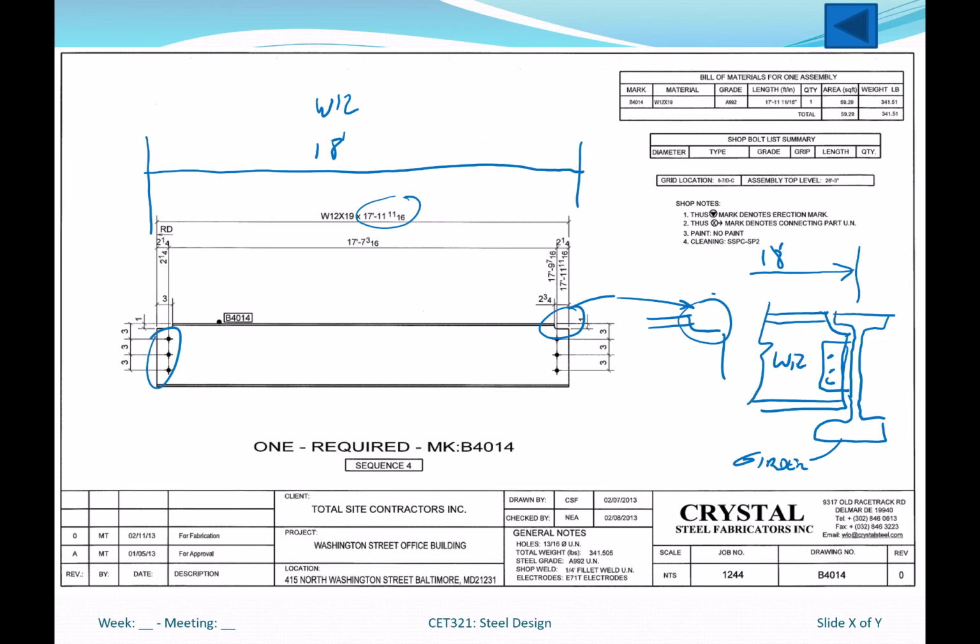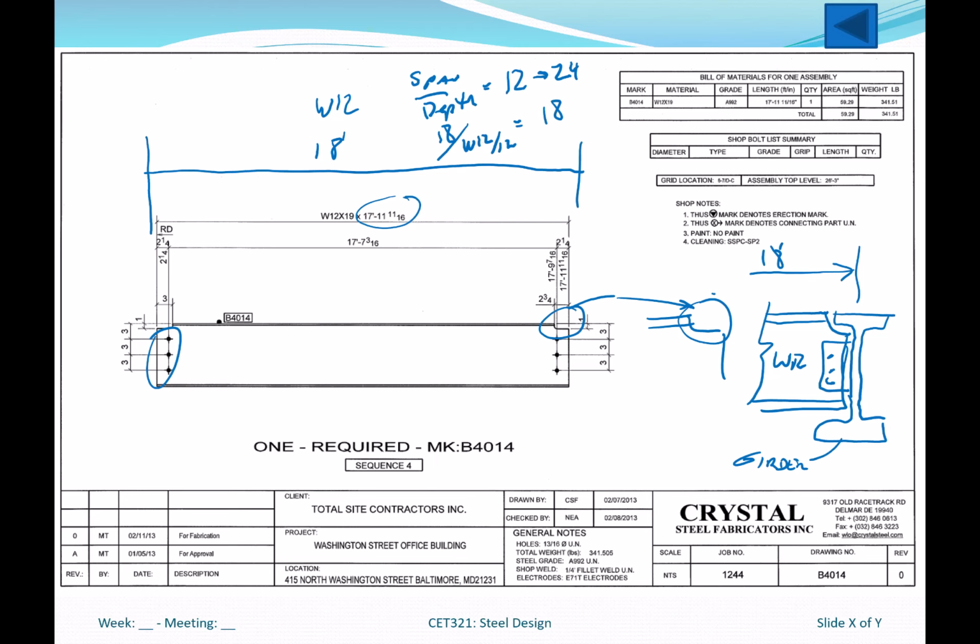And notice the span to depth ratio here. Again, we said 12 to 24, or if you divide that by 12, it's 1 to 2. But if I take the span, it's 18, and my depth is W12 divided by 12, so my ratio is 18 divided by 1, so it's about 18, halfway in between.